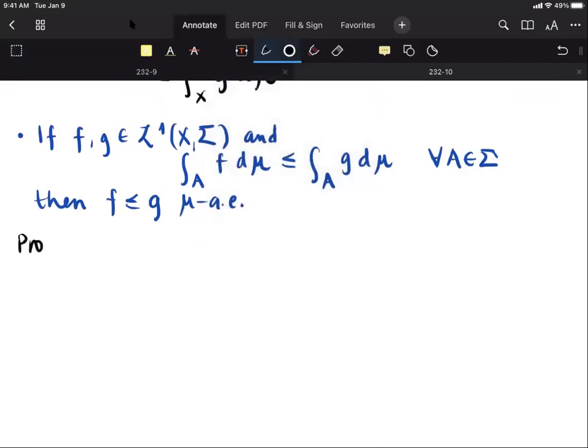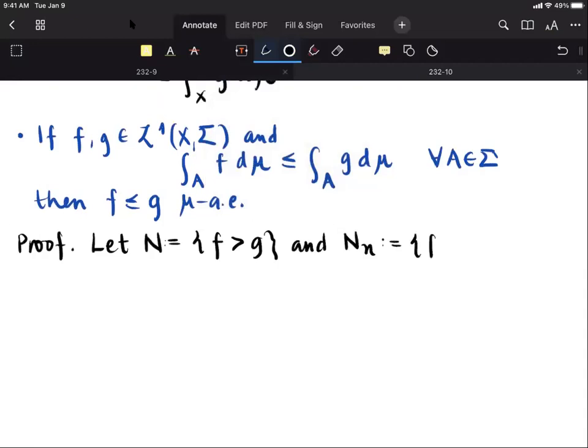Well, to look at the proof of this statement, again, let us denote by N the set where the inequality is violated. And we will show that the measure of N must be 0. Again, we approximate this by N sub n, the set where f is greater than g plus 1 over n.